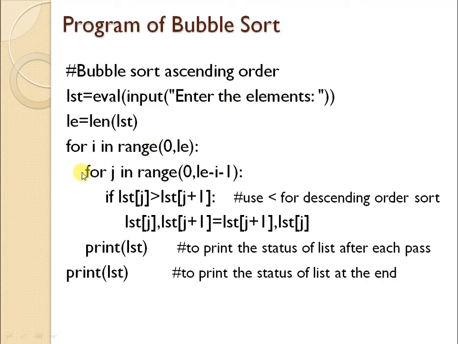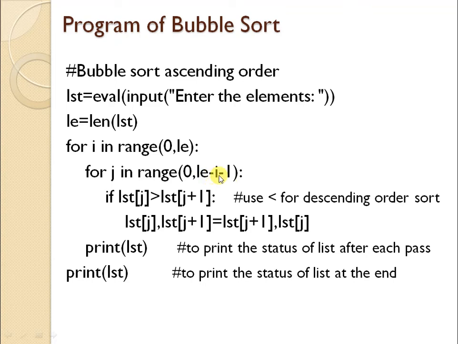In the second loop, that is the inner loop, you move from 0, that means the beginning points are the same, because in each pass you have to start again from the beginning, that is index number 0, but you have to move one step less at each pass. Why? Because at each pass one element is being placed successfully at its correct position. That's why this length minus i minus 1.